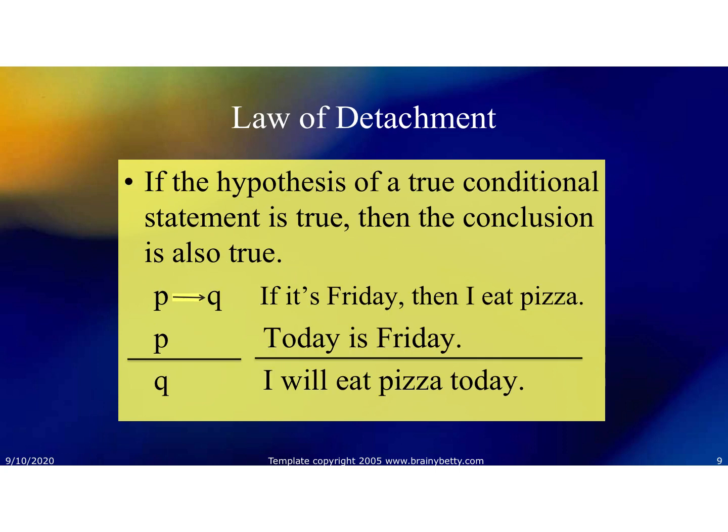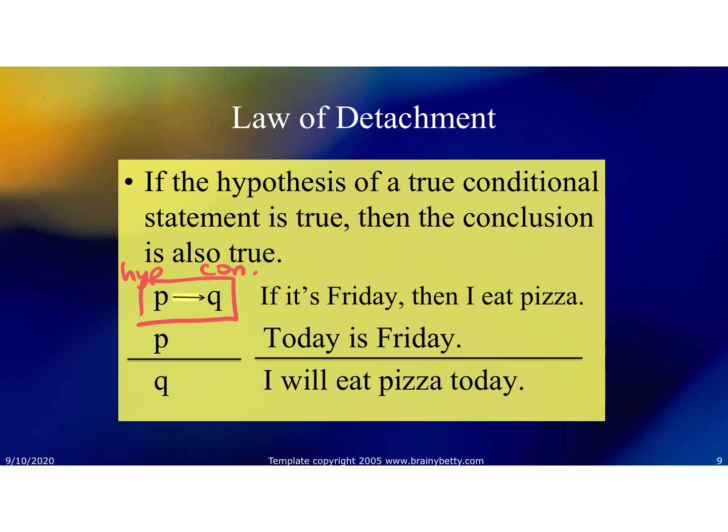So our first law is called the law of detachment. And this law states that if the hypothesis of a true conditional statement is true, then the conclusion is also true. So this symbol right here, P with an arrow, then a Q. Remember, the P is the hypothesis, the Q is the conclusion, and the statement is, if it's Friday, then I eat pizza.